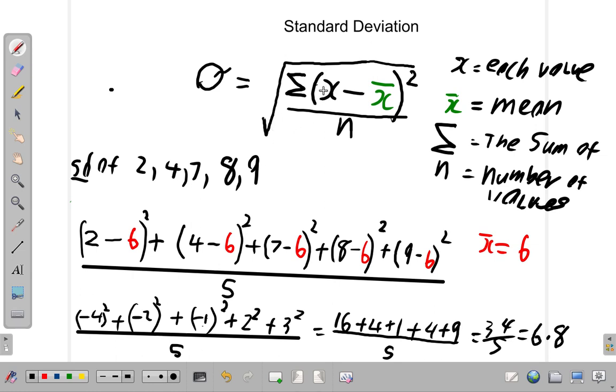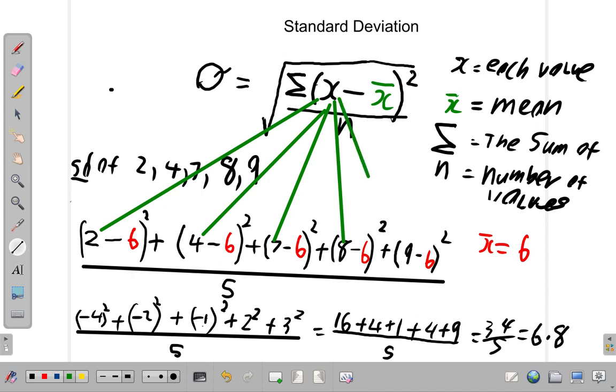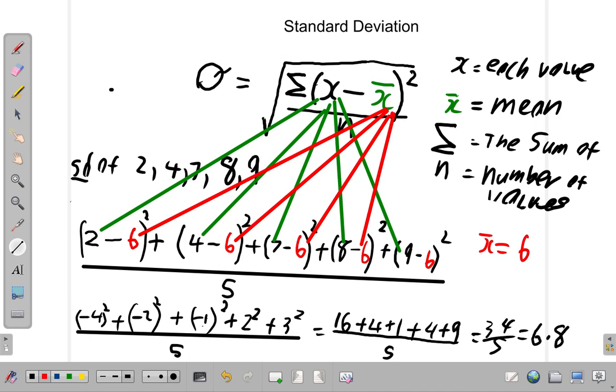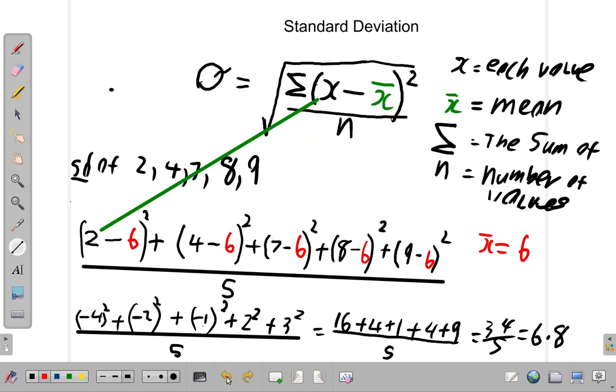What we did so far is each value x minus the mean, and the mean of course is the 6 in each case. You see that? So that part is worked out.